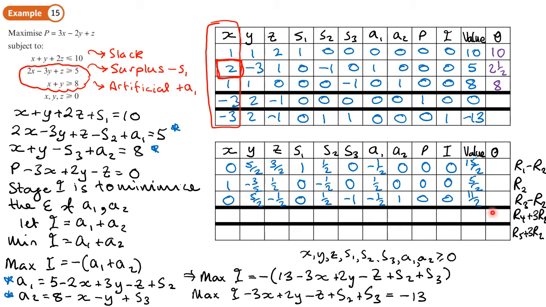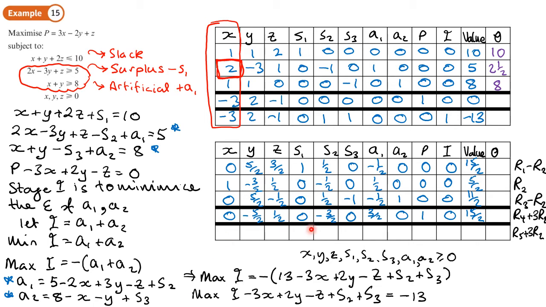Then this row, which represents the objective function maximizing p, we will get these values: 0, minus 5 over 2, a half, 0, negative 3 over 2, 0, 3 over 2, 0, and then a 1 here. Remember, that's the objective function for p, 0, and then we get a value of 15 over 2.